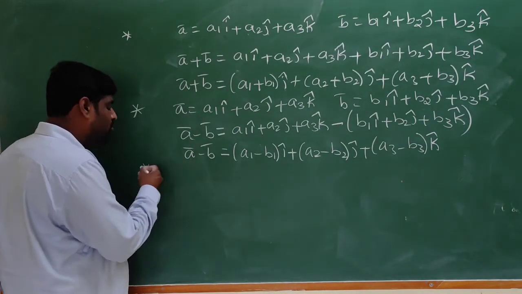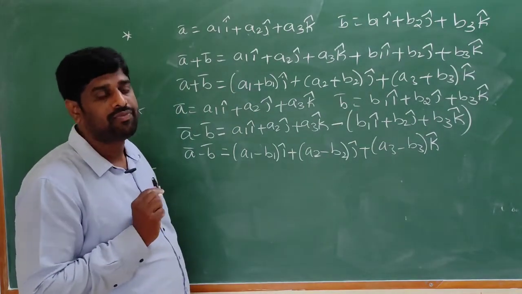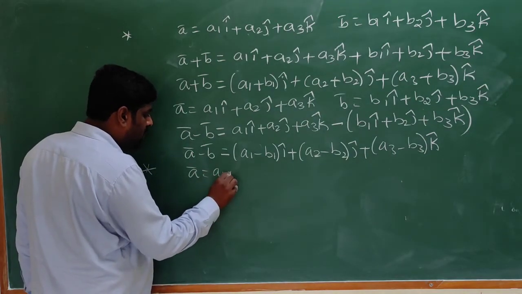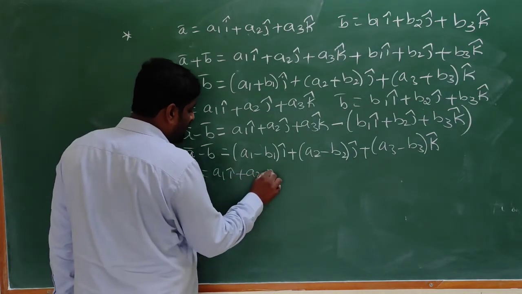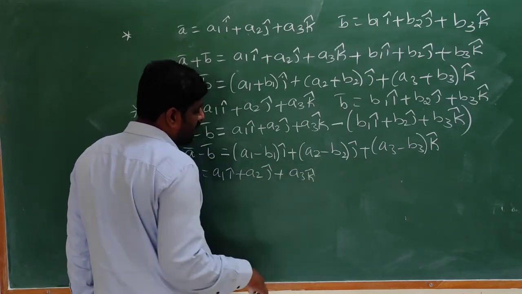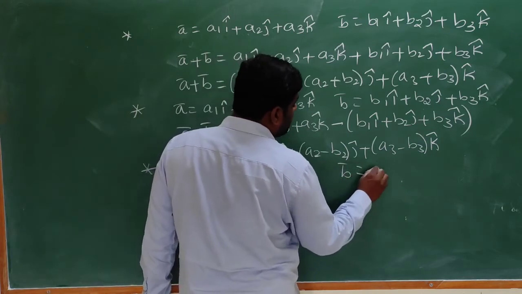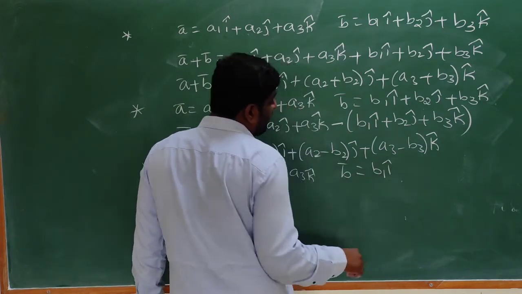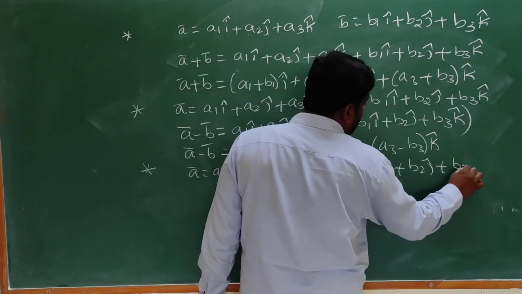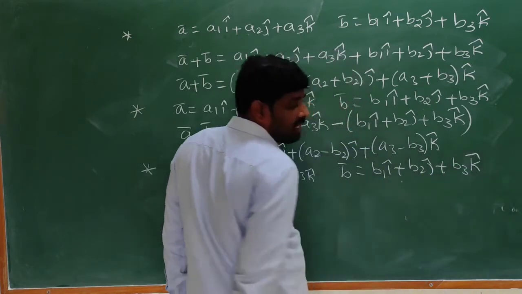Suppose any two vectors are equal. A bar is equal to A1 i cap plus A2 j cap plus A3 k cap. B bar is equal to B1 i cap plus B2 j cap plus B3 k cap.